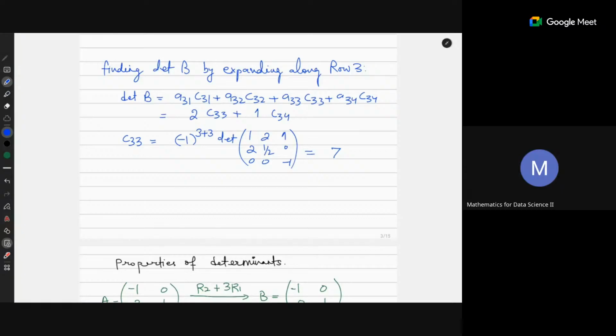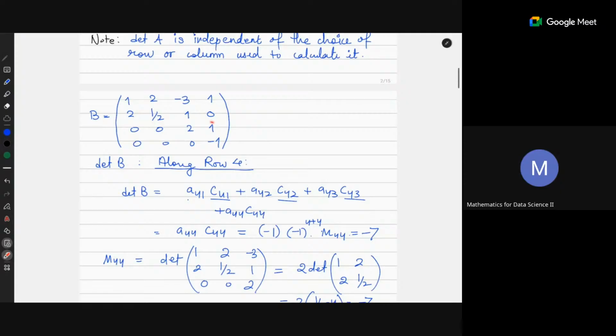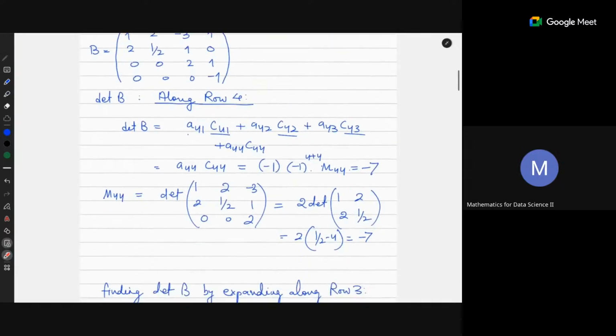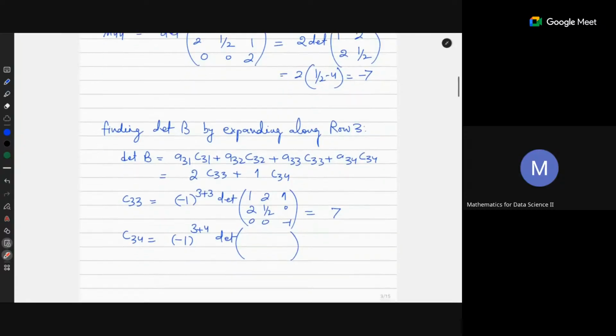Now what is C34? It is minus 1 times the determinant of the 3, 4 entry minor, removing this row and this column. So we'll get this matrix. Oh, sorry.